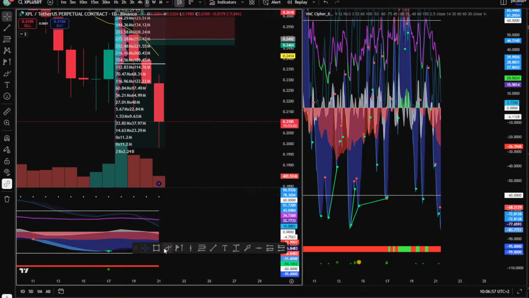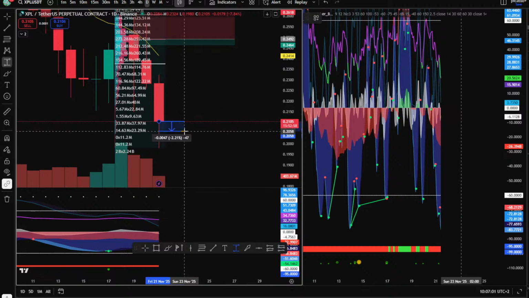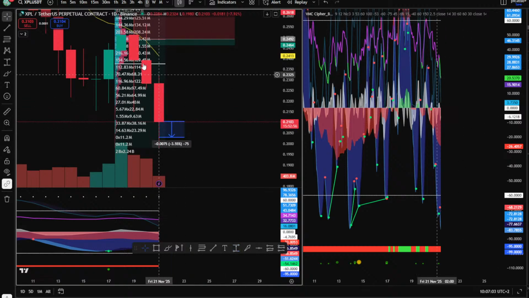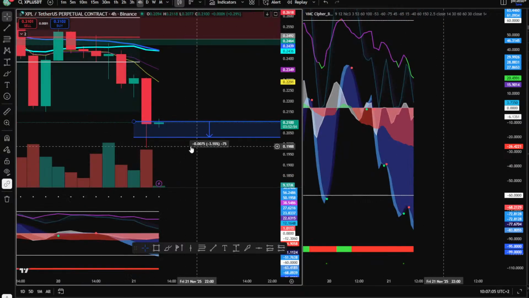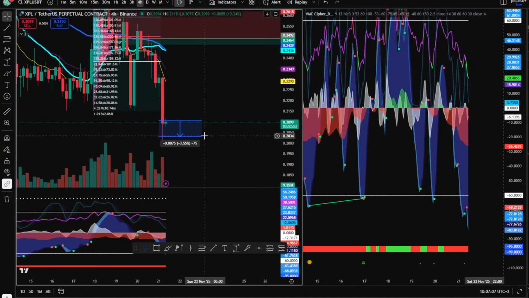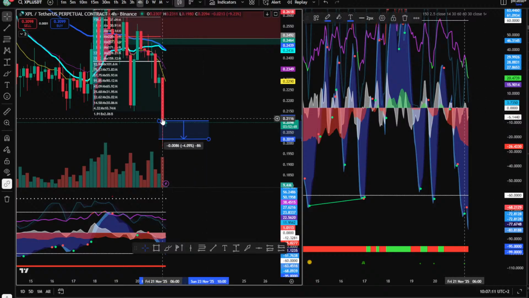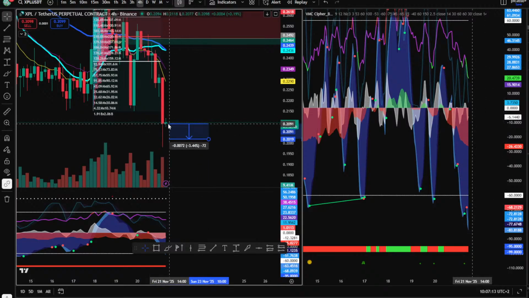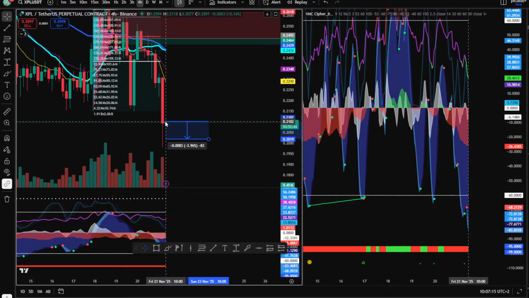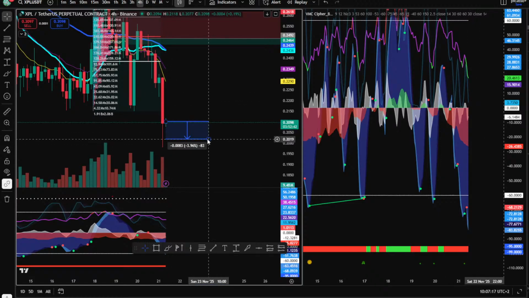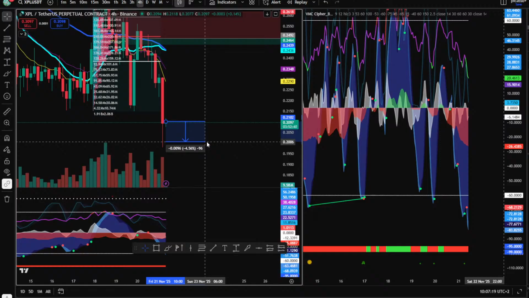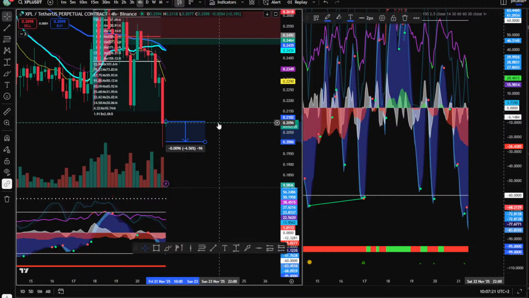Where will we short to? From here, very likely all the way down. Maybe for a good one, 2014. This is my entry basically. We're already up. I can go for this.